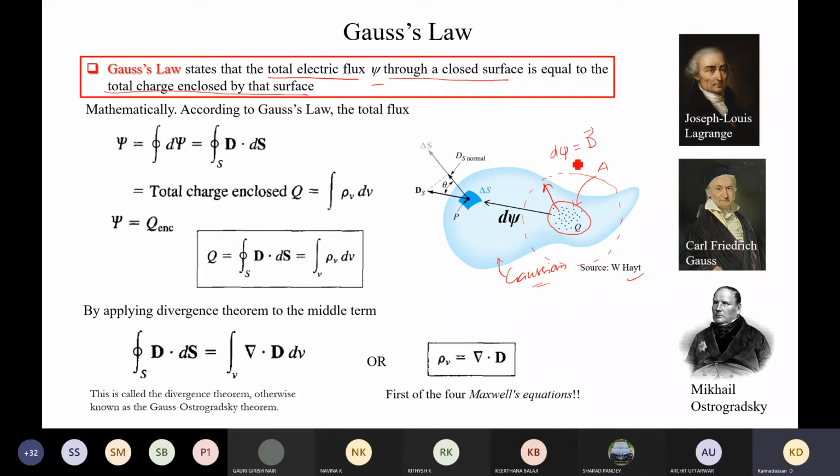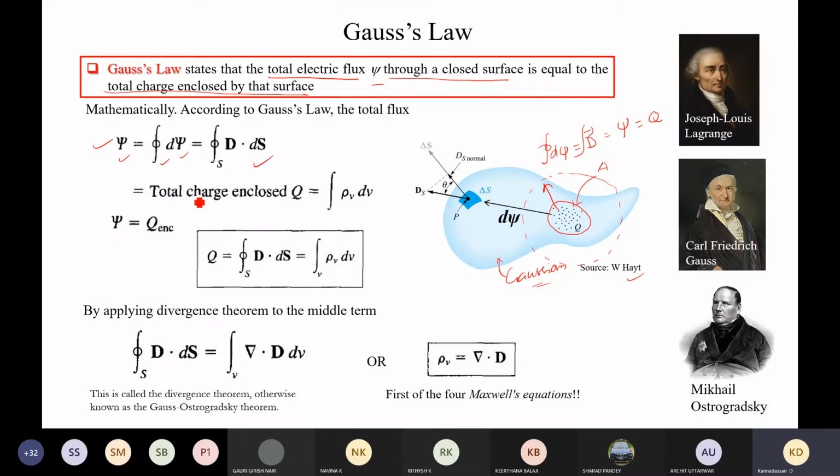Now we integrate this over the closed surface, and we will get the total psi, which is going to be Q. So that is what is described here: the closed surface integration of the total flux exerted out of the charged body can be calculated by this.